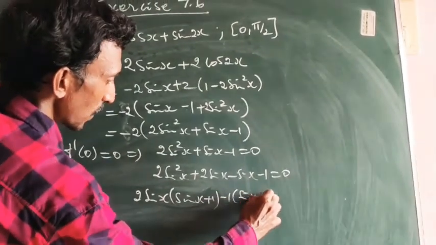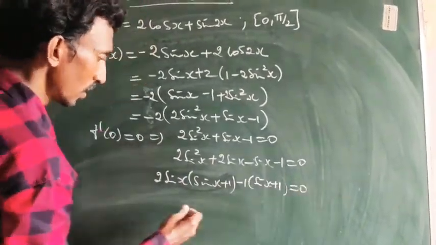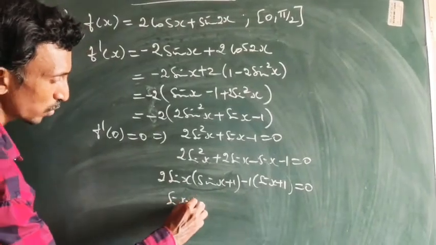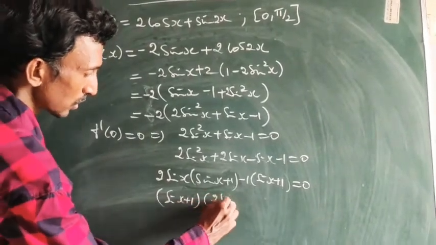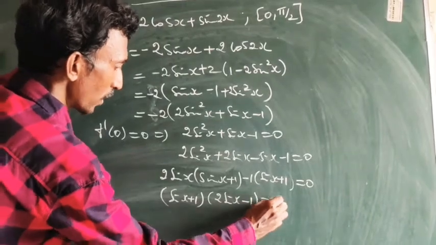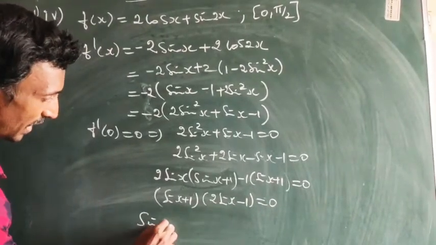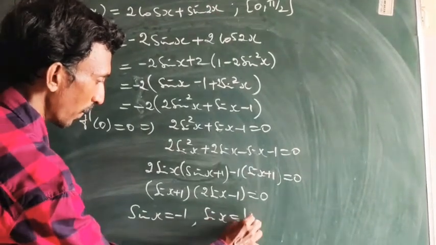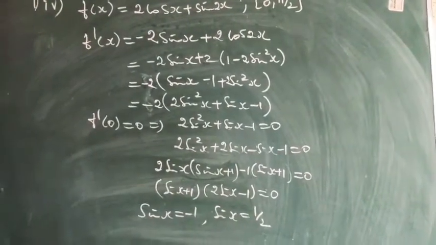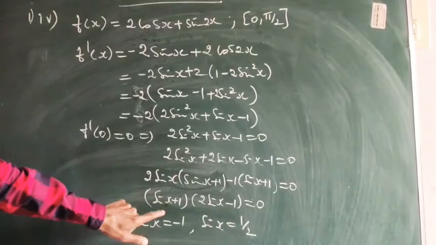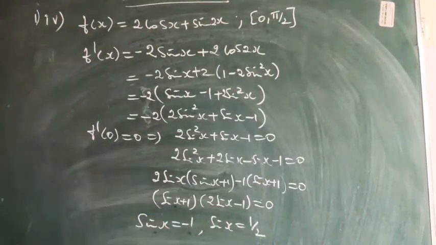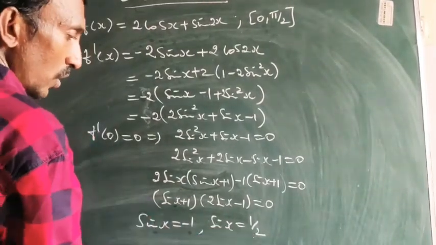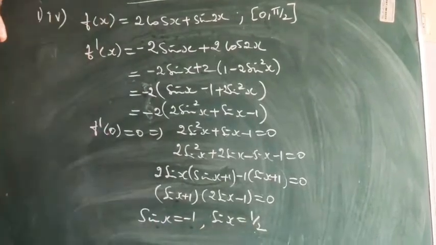So sin x plus 1 equal to 0. So take sin x plus 1 common, and 2 sin x minus 1 equal to 0. Either sin x equal to minus 1 or sin x equal to 1 by 2. If we equate the first term to 0, we are getting sin x equal to minus 1. If we equate the second term to 0, we are getting 1 by 2.